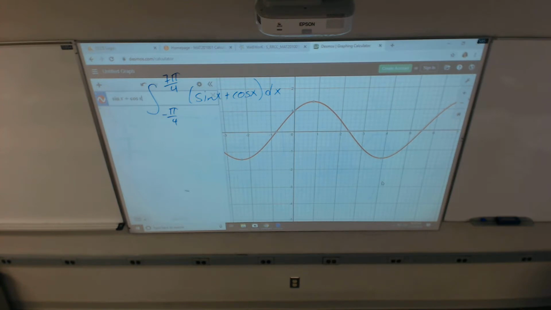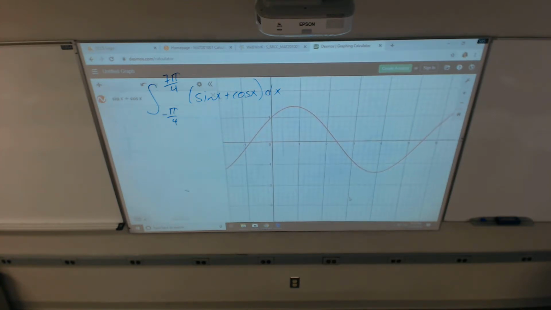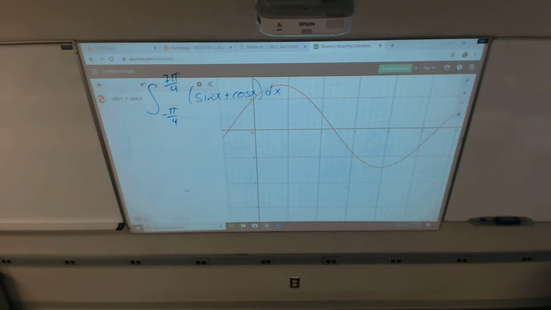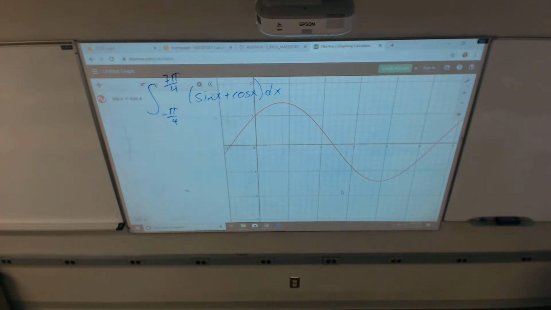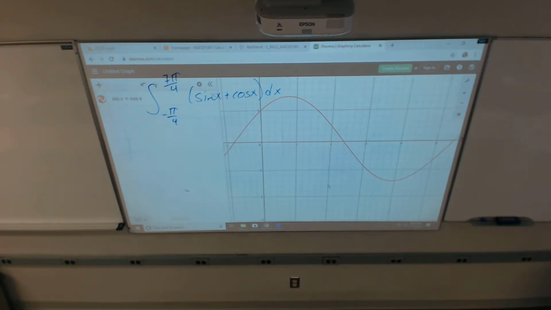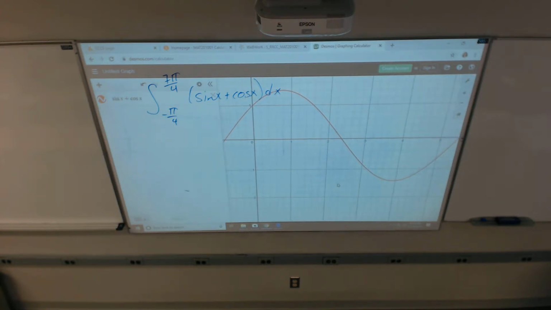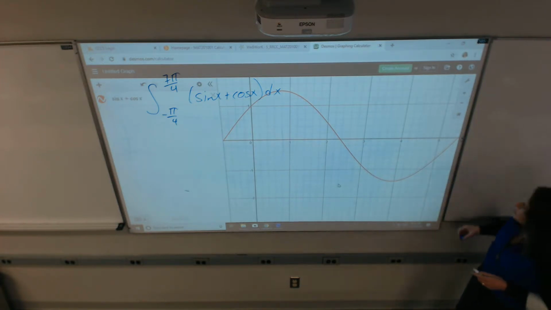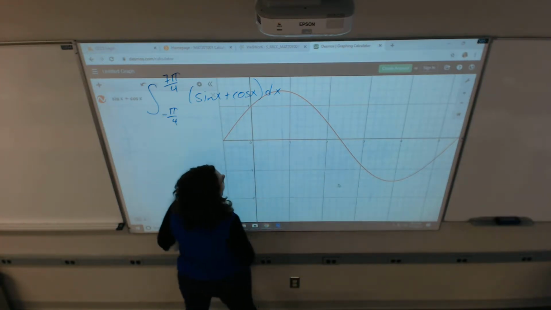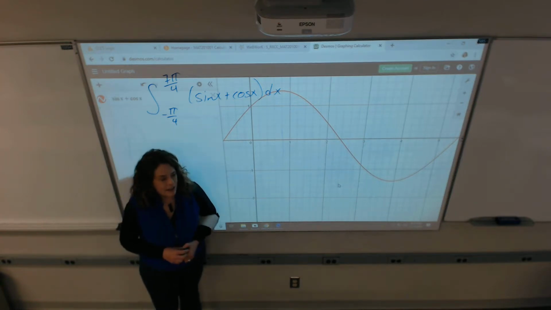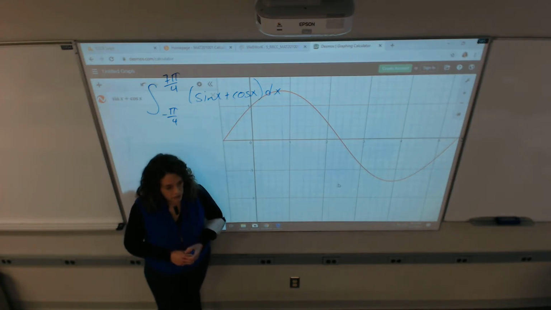Let me see if I can get it so that's just about all that's showing up. Bingo. That is the region we're talking about. So tell me what you see. I have the same amount of positive area as I have negative area, and that is why I got 0.